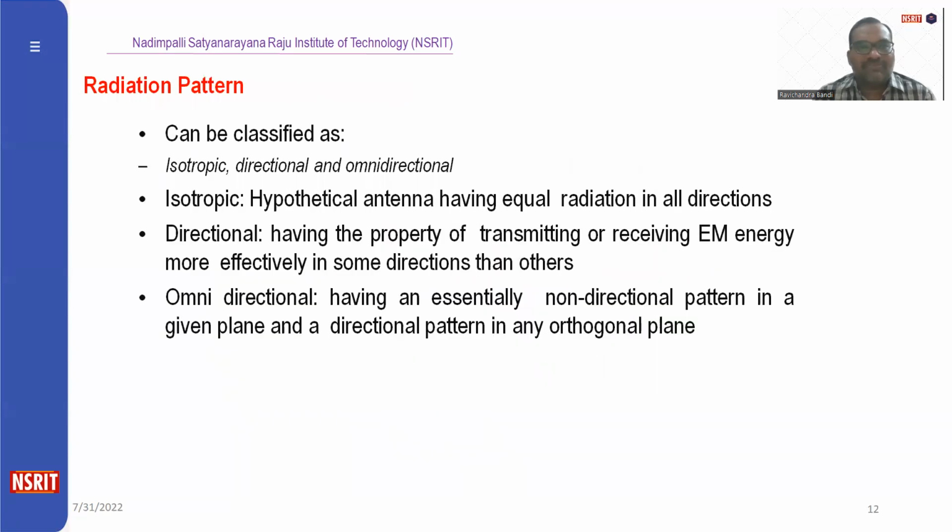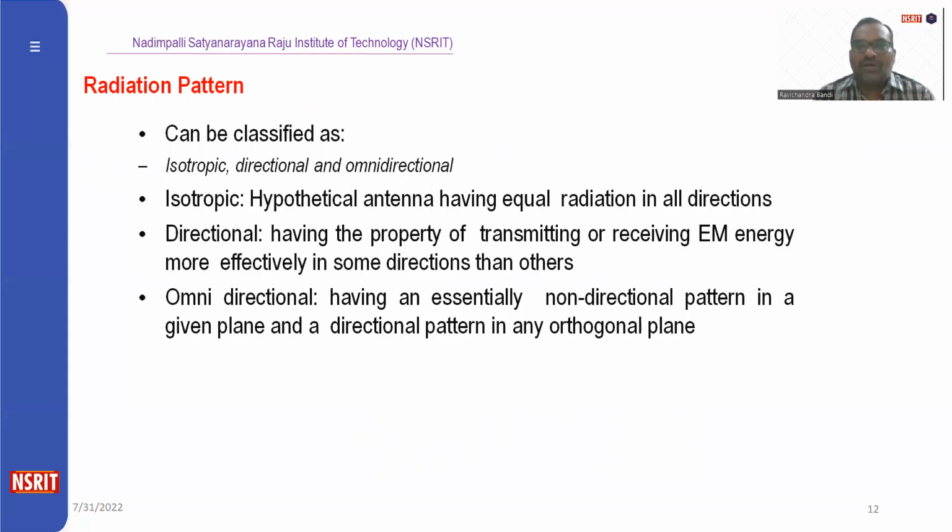Radiation pattern can be classified as isotropic, directional, and omnidirectional. We know what an isotropic antenna is. An isotropic antenna is a hypothetical antenna which radiates equally in all directions. A directional antenna has the property of transmitting or receiving electromagnetic energy more effectively in a particular direction than other directions.